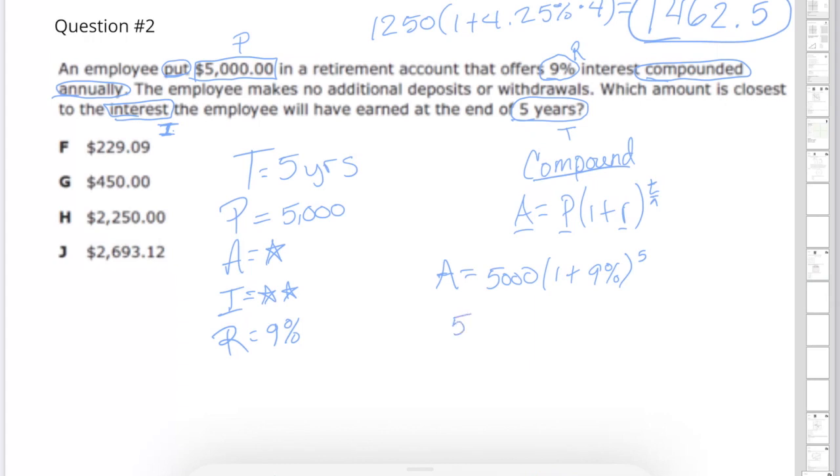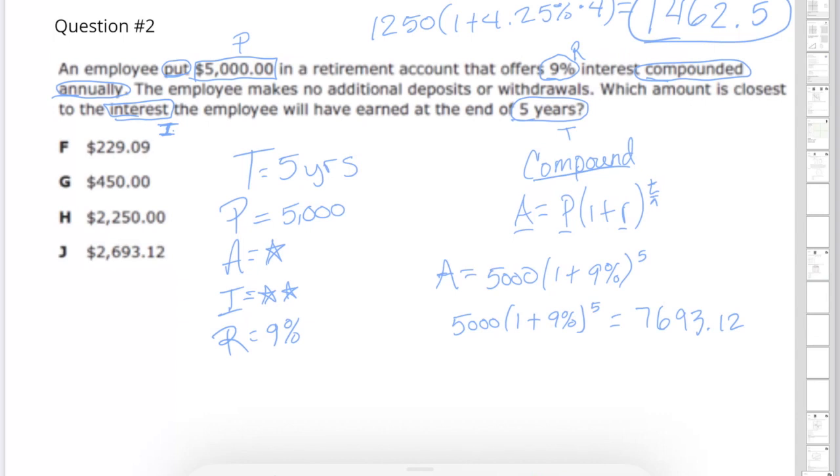We're just going to start off with 5,000 times 1 plus 9% with the little 5. I'm going to give you a few seconds to solve for that. When you put that in there, you should get 7,693.12.